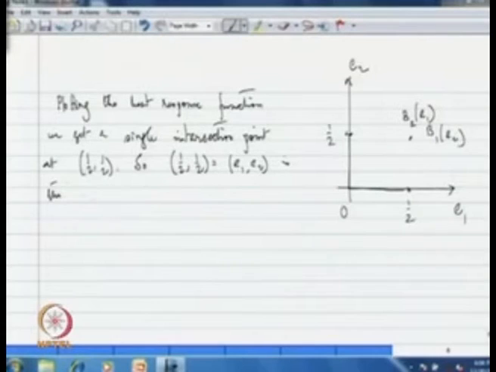This is the unique Nash equilibrium. Interestingly, the payoff of the two players are 0.